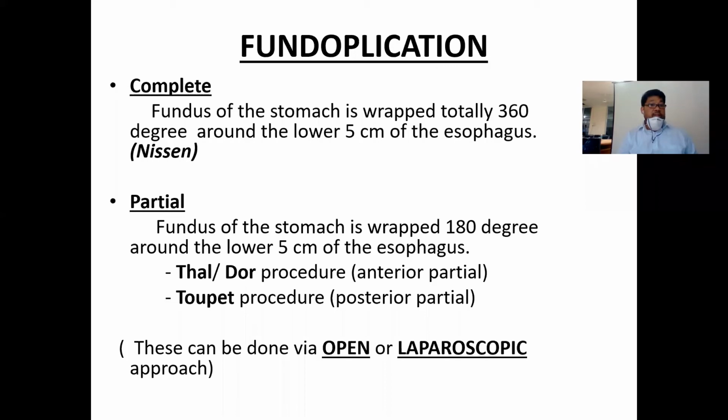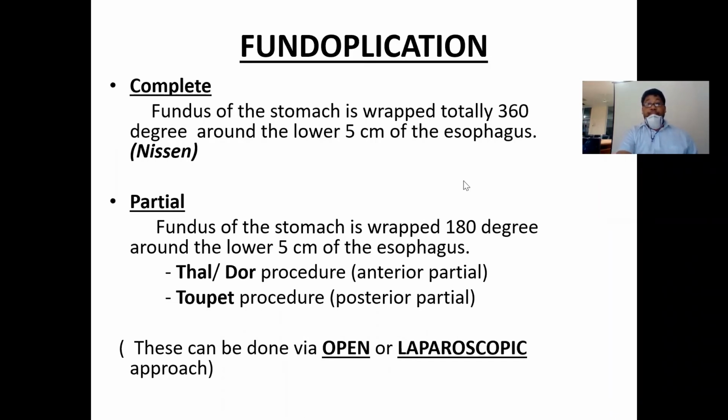Whereas in partial fundoplication, the fundus of the stomach is wrapped 180 degrees around the lower 5 centimeters of the esophagus, either anteriorly or posteriorly. If you go for an anterior partial, that is known as Dor's procedure. And if we go for a posterior partial fundoplication, that is known as Toupet's procedure. These procedures can be done both via open approach and laparoscopic approach.